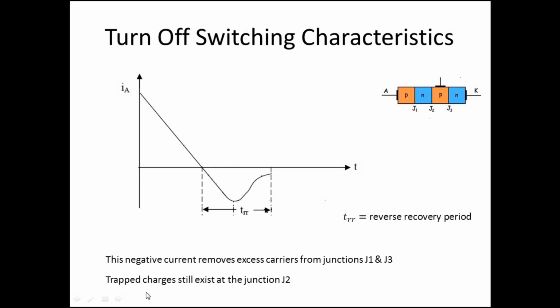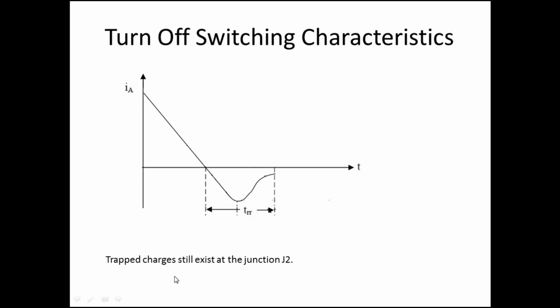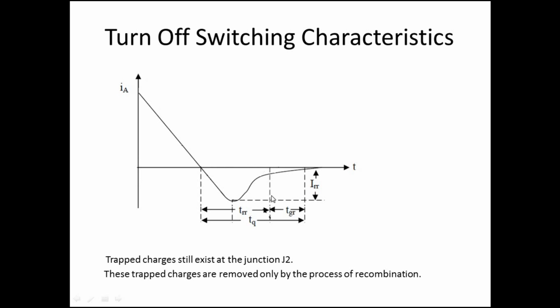These charge carriers can only be removed by the process of recombination, because they are trapped between J1 and J3. The time taken for this is called TGR, the gate recovery time. Finally it becomes 0 and the turn off process is complete.